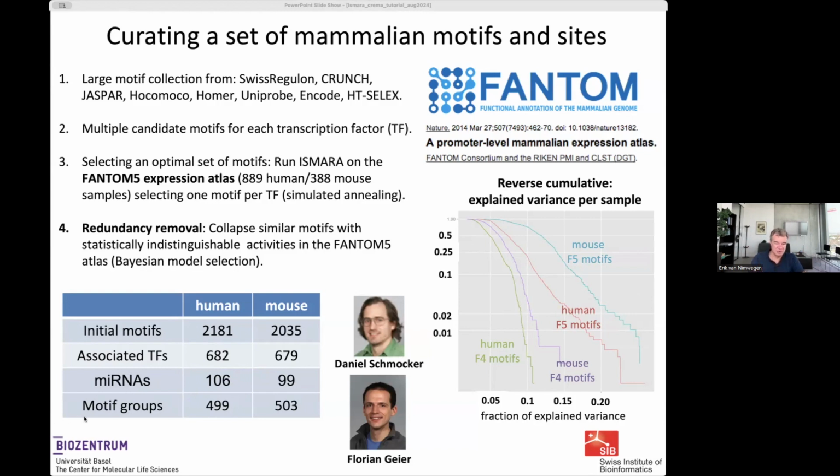So we make these motif groups that are groups of transcription factors that essentially bind to the same sites, so that you get a non-redundant set of motifs. In human and mouse, as an example, we have about 500 motifs representing close to 700 transcription factors.